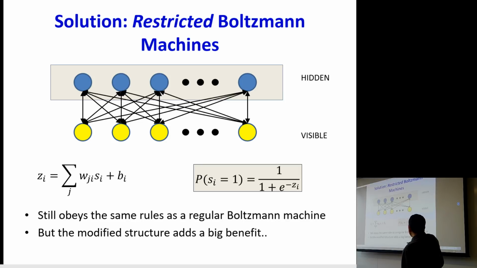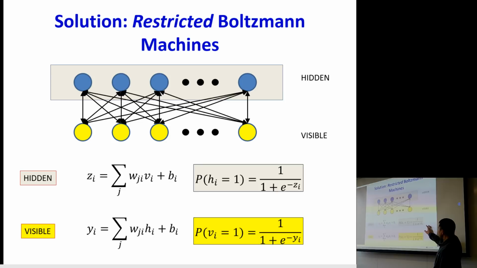So here is how the model is. It still obeys the same rules as regular Boltzmann machines, which means that I can set the visible units to any state, right? I'm going to compute the weighted combination of all of the inputs into the state and compute a logistic over it. But then the hidden units are only going to be looking at the visible states.